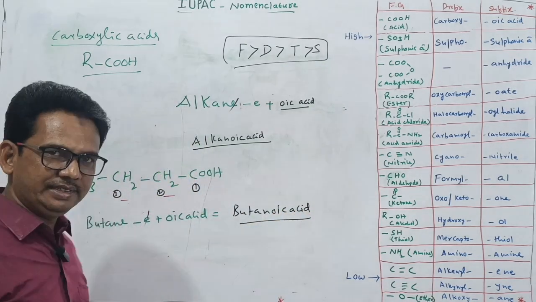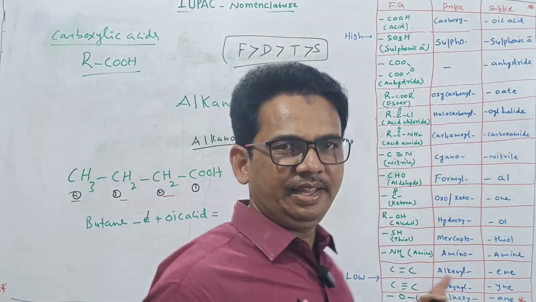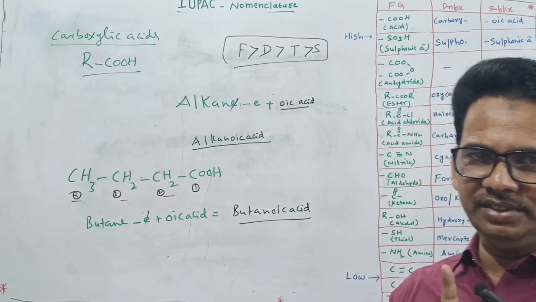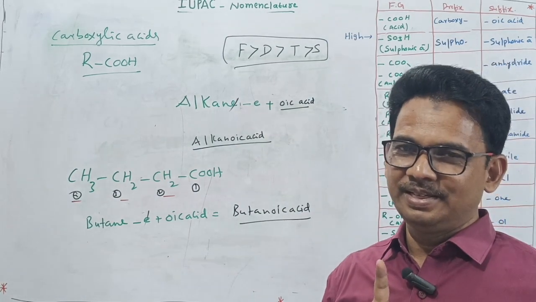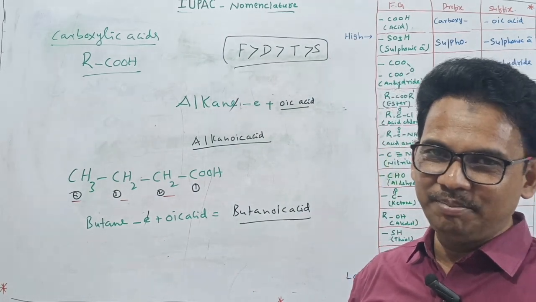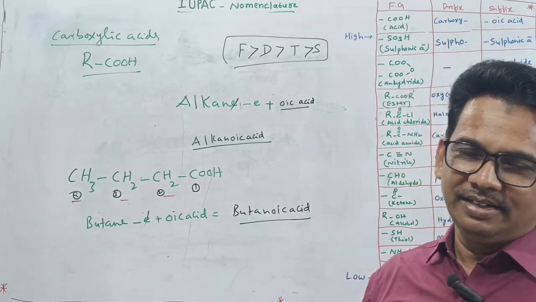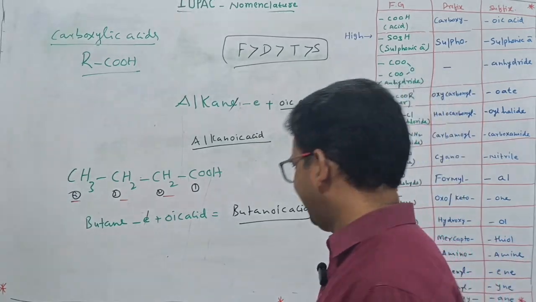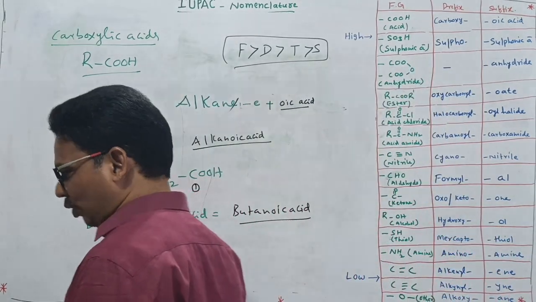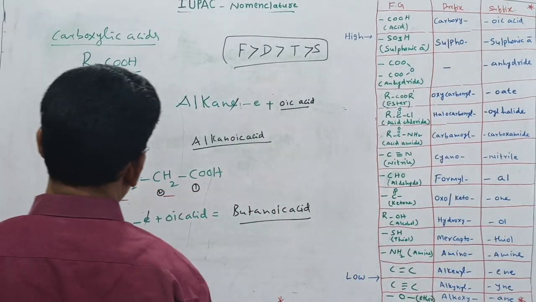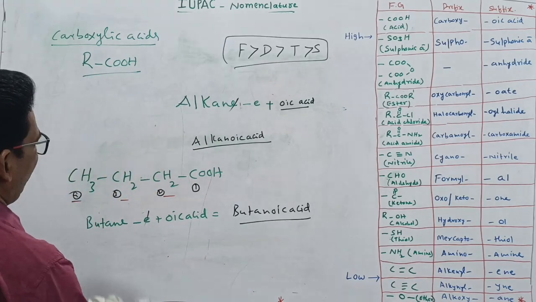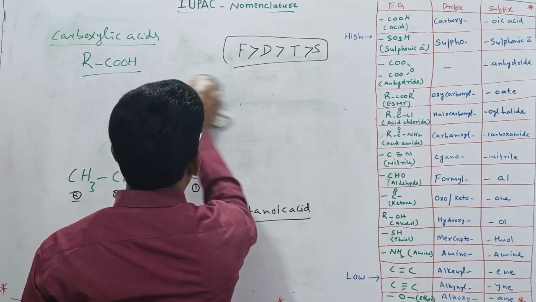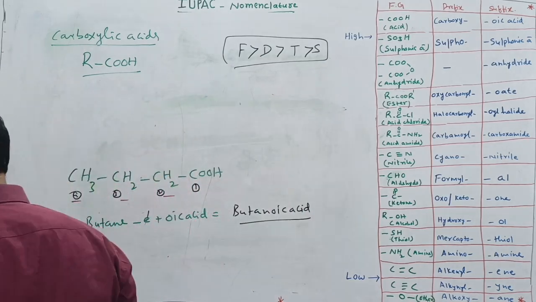See, very simple, writing the name and numbering, because only one functional group is there. Sometimes there will be multifunctional groups. What do we have to do that time? I will give an example. Okay, butanoic acid, this one. Then shall I write another example?